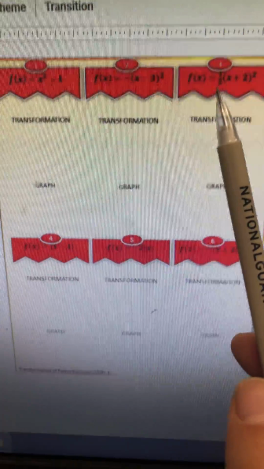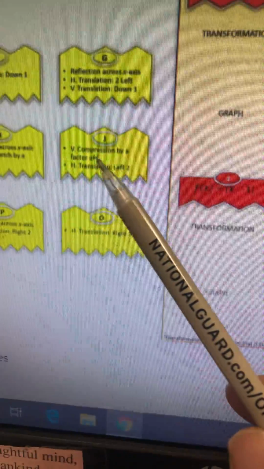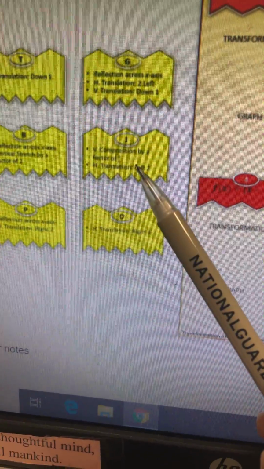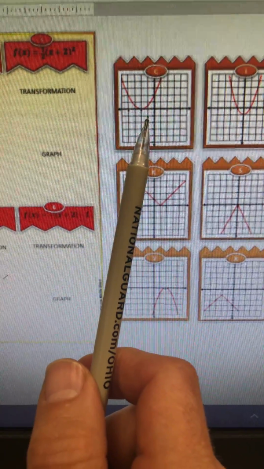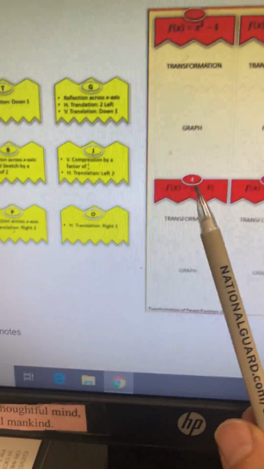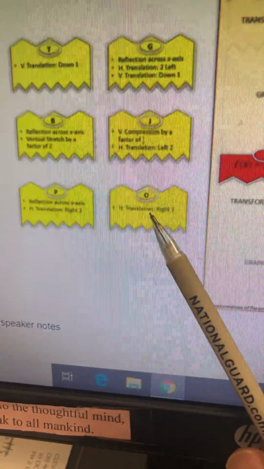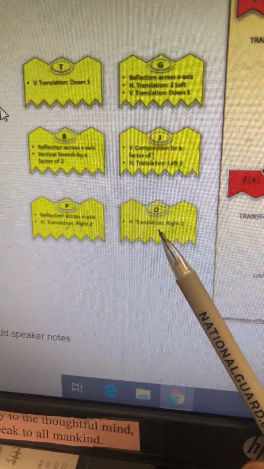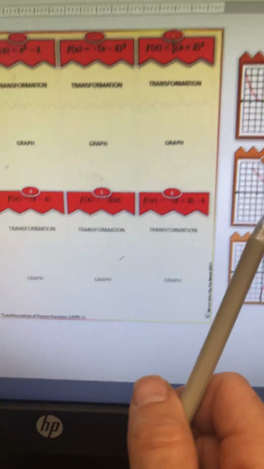All right? Number 3, the transformation should be J. And the graph for that one should be C right here. For number 4, the transformation should be O. And the graph for that one should be K right here.